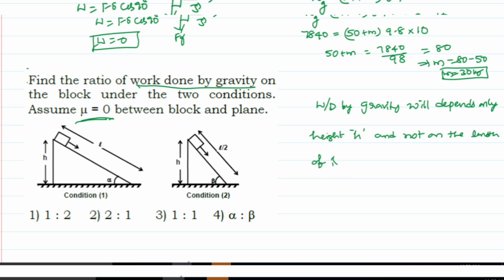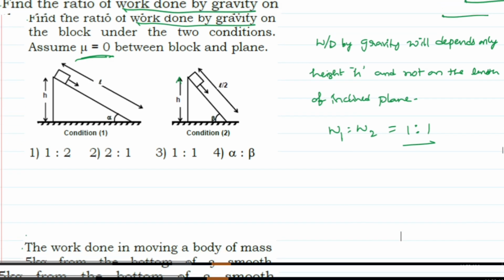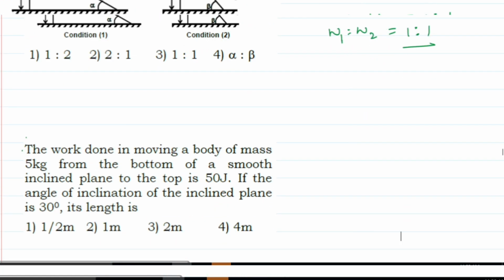So in both cases you are releasing the body from height h. So it is independent of the length. So you can take W1 is to W2 as 1 is to 1. Let us see the next question.